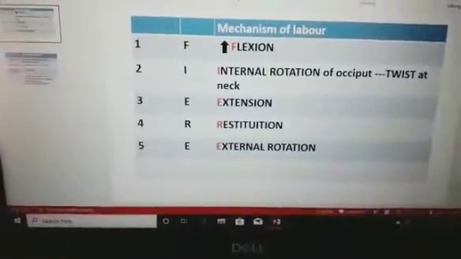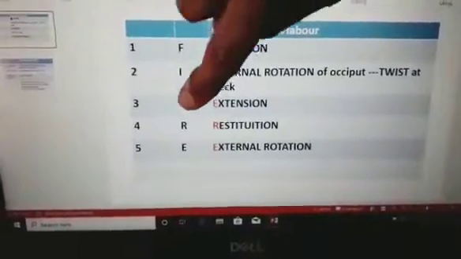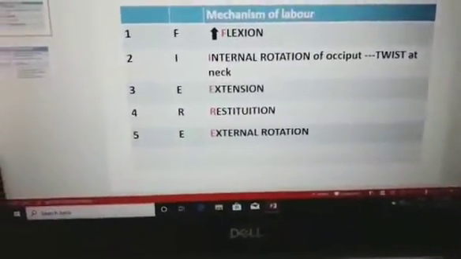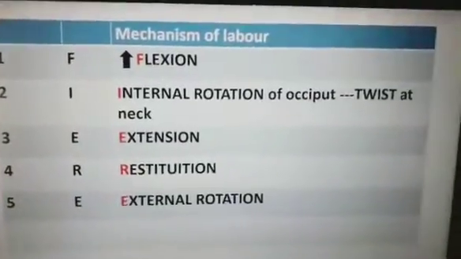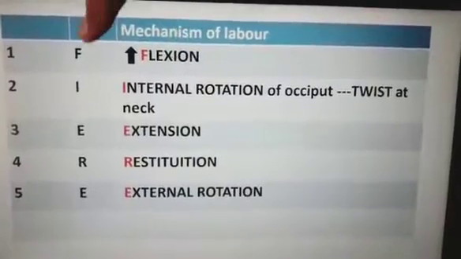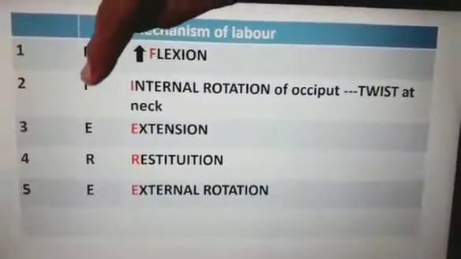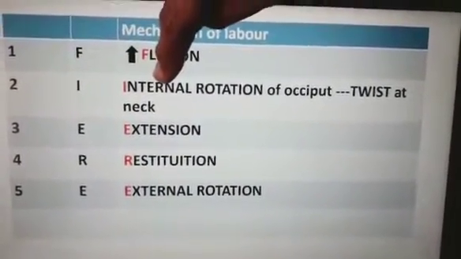Now, let us learn it stepwise. You remember the mechanism of labor in 5 steps with the word FIERE, F-I-E-R-E. F stands for flexion, I for internal rotation.